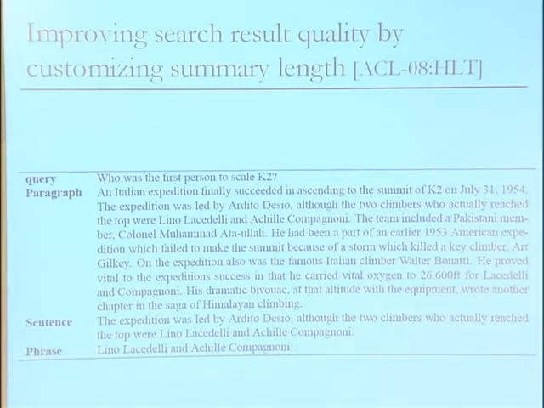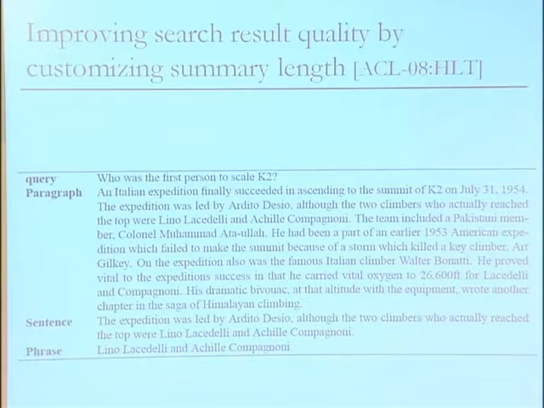So here you can see various condensation, like a paragraph. The Italian expedition finally succeeded in ascending to the summit on that date. The expedition was led by that person, but the climbers who actually reached the top were Lino and Achille. Or you can have just one sentence, saying these are the two people who reached it first. Or you can have a phrase.